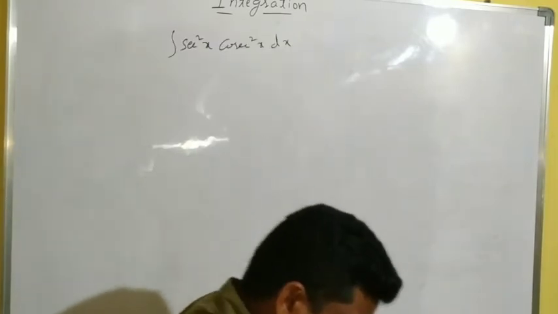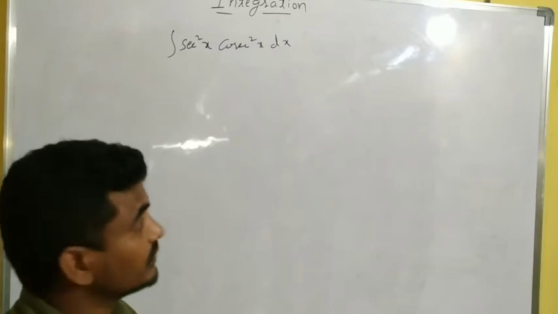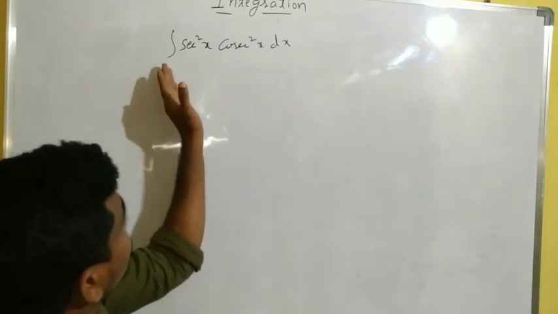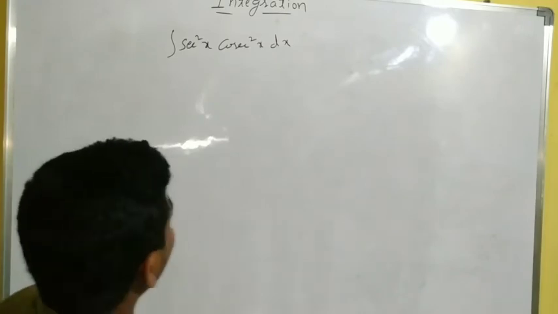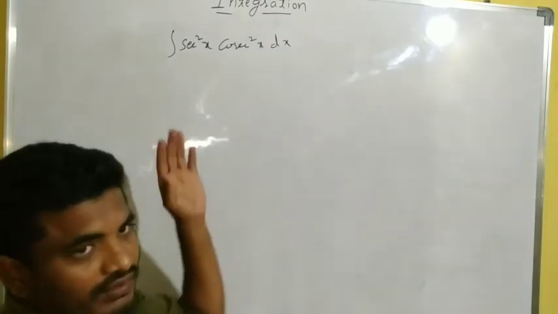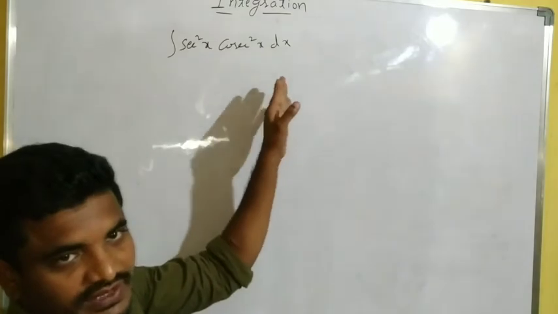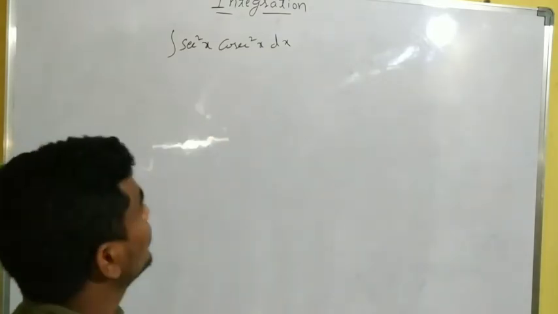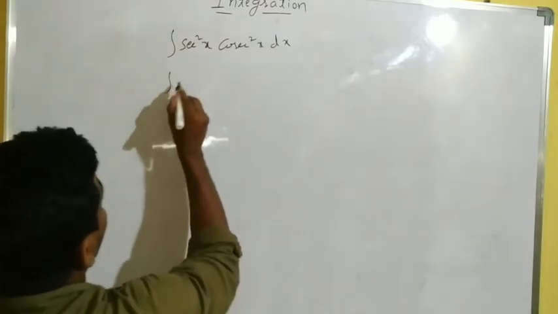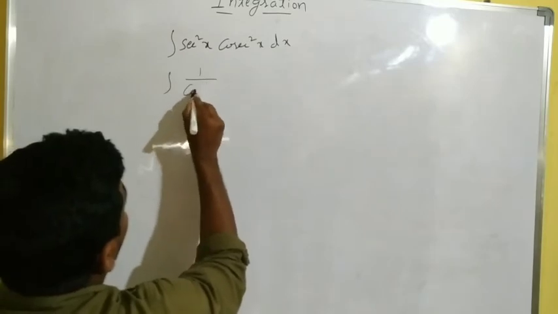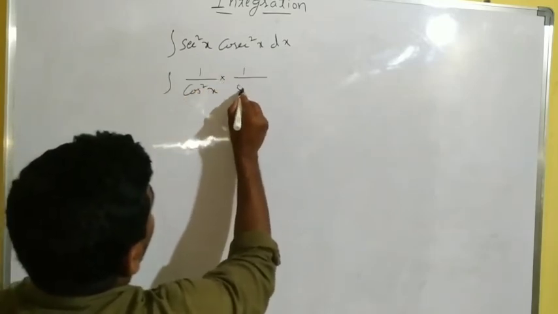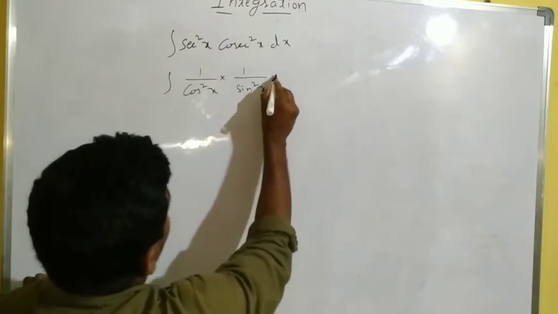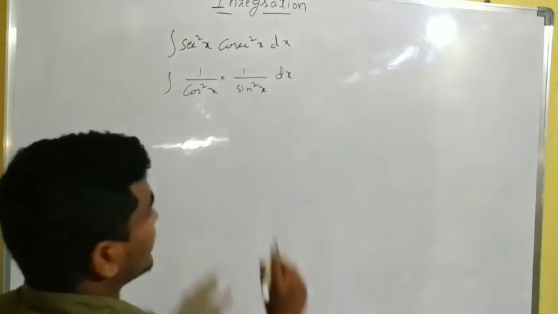So this is one of the very important questions. Integration of secant square x into cosec square x dx. We don't have any formula for secant x and cosec x, that's why I'm changing into reciprocals: 1 by cos square x into 1 by sin square x dx.